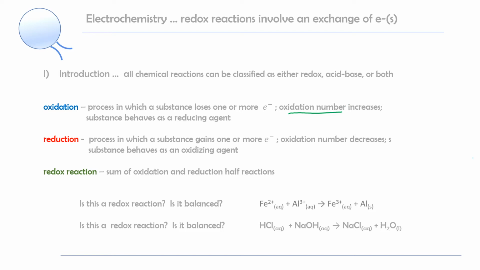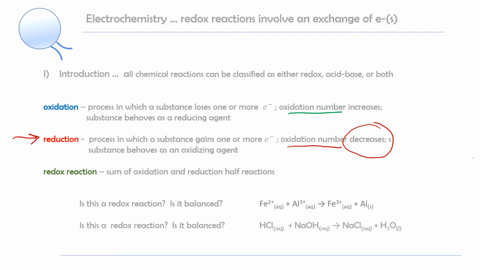All right, the reduction half reaction. Opposite of everything we just said. This is the process where the substance is going to gain one or more electrons. Okay, how do we know something's undergoing reduction? We have to go in and assign an oxidation number to it. And if we find that that element or substance is decreasing in oxidation number, we know it's undergoing reduction.